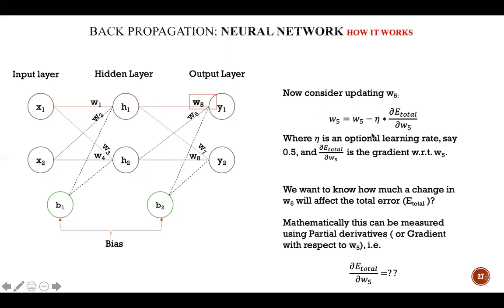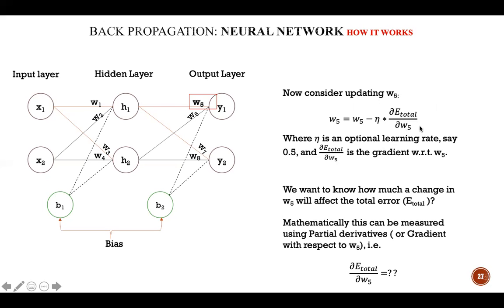Now, what is eta here? Eta is something new coming to the screen. Eta is an optional learning rate, say 0.5. Again, this is another parameter that the user needs to define.